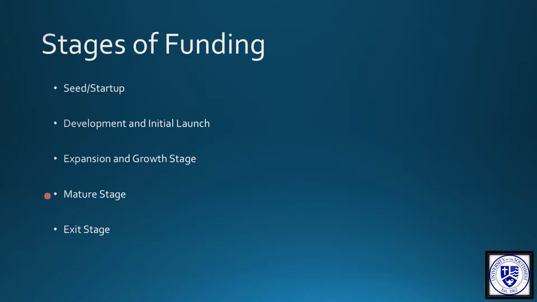And then as the product or service, the venture moves into the mature stage, we typically see another round of funding to support it during the maturity stage, and then finally the exit stage, once the product or service venture is replaced by something else or there becomes the need to close things down and move on to a different type of product or service or venture.